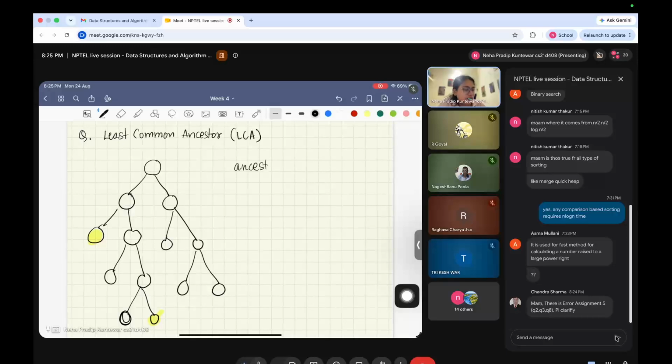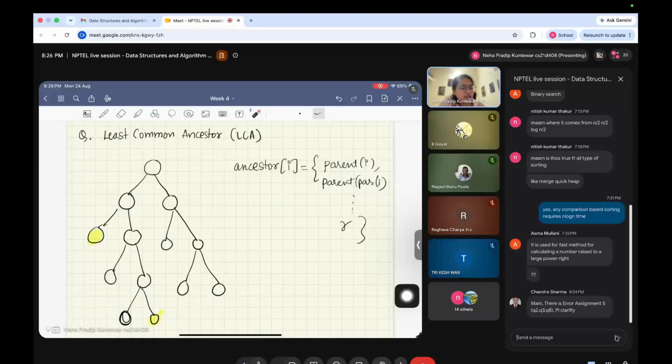So ancestor of a node i is basically parent of i, parent of parent of i, and so on. You can do parent of parent and so on, all the way up till you reach the root.